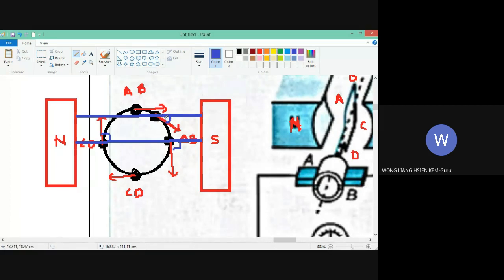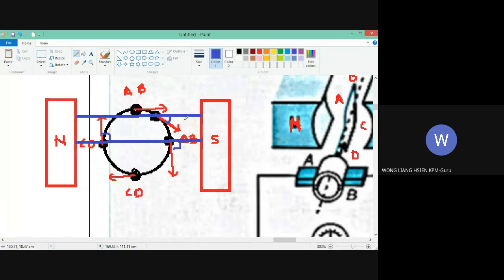So when cutting at an angle, the magnitude of the EMF is weaker. The nearer the angle is to 90 degrees, the stronger the EMF.